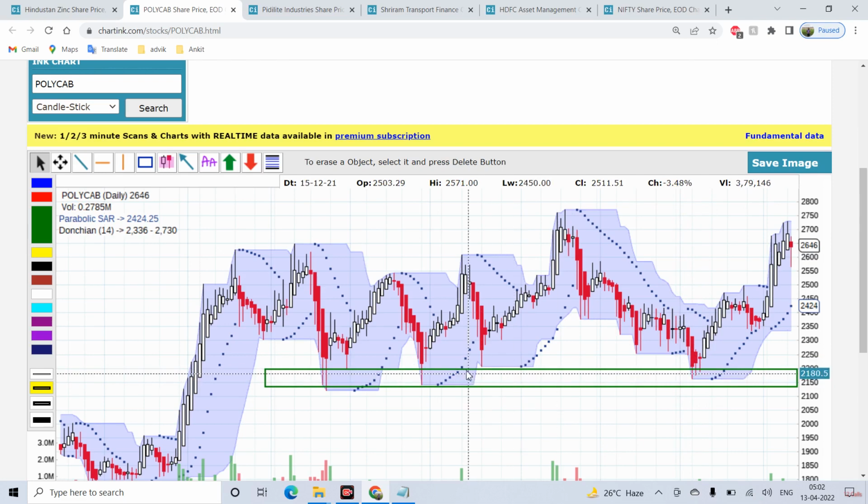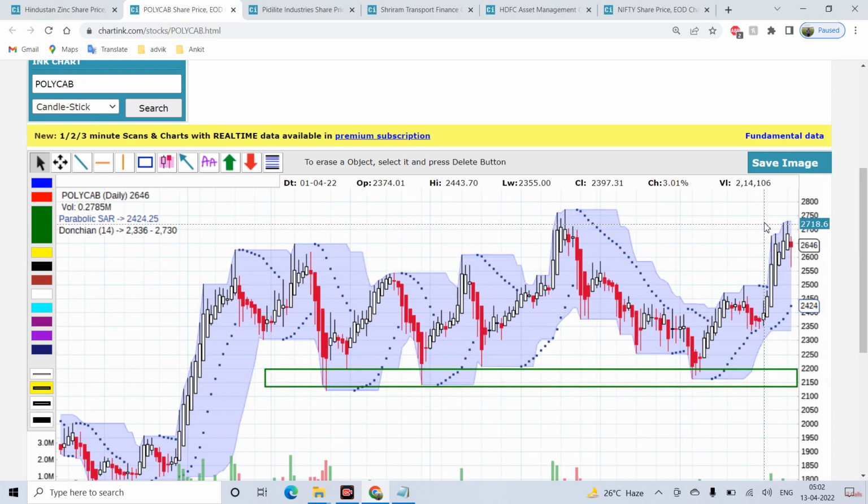The other thing is, you see the gains from this point of time around 2100 or 2200, it went till 2500, nearly 300 points. Here from 2135 it went till 2600 plus. Another time 2200 to 2700, and here also 2200 to 2700.